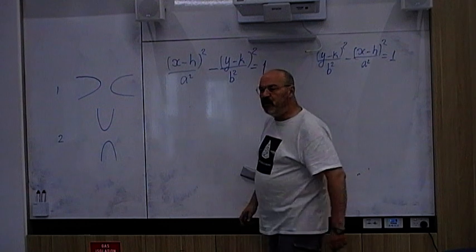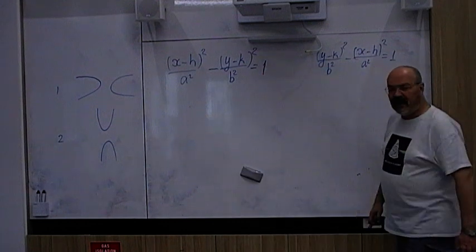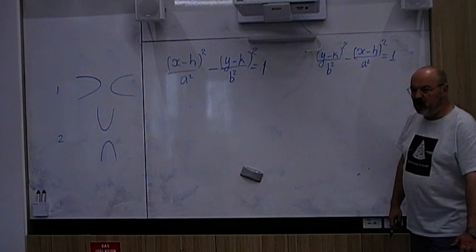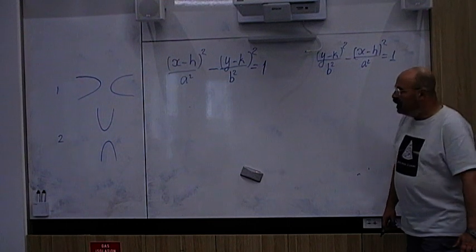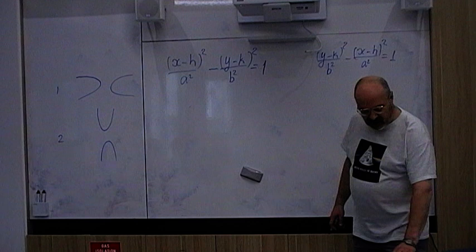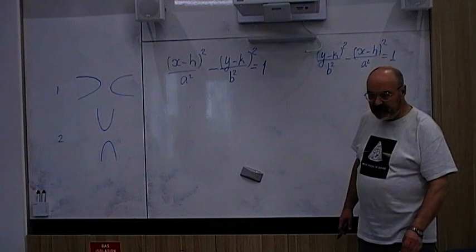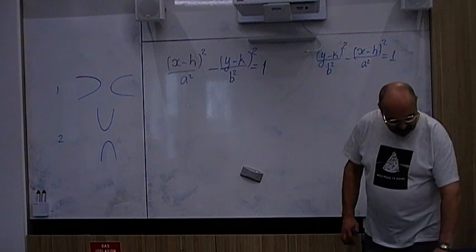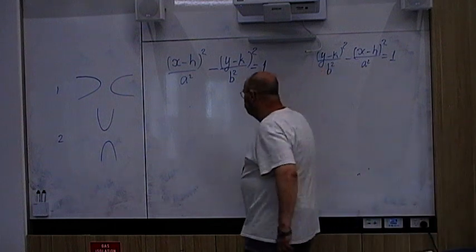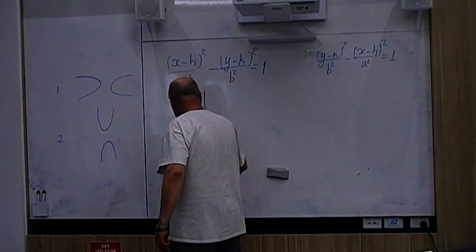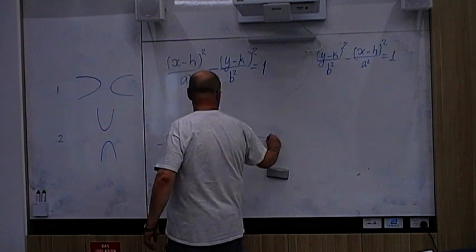Now, what do h and k represent, and what do a and b represent in this case? If we have a hyperbola that looks like this, it will have asymptotes.